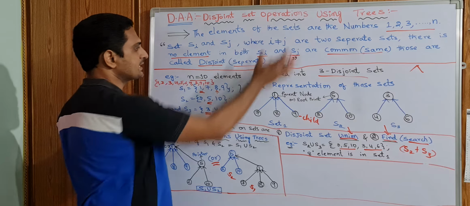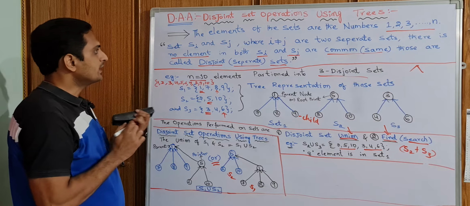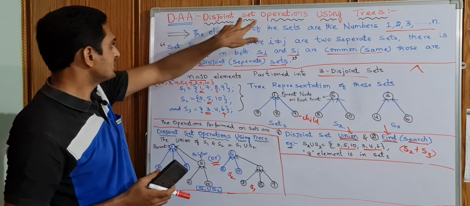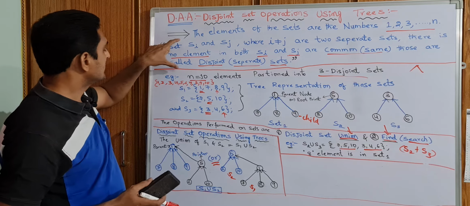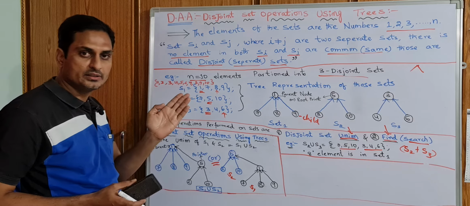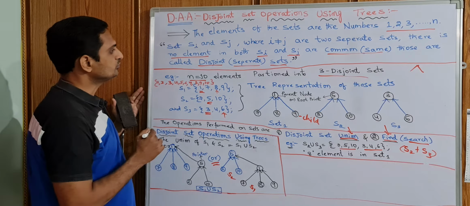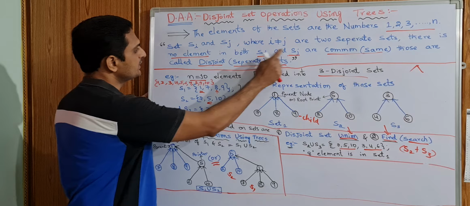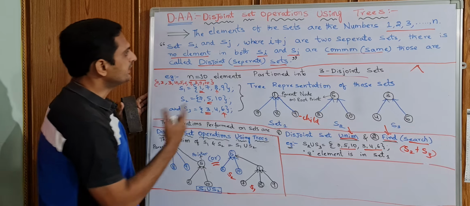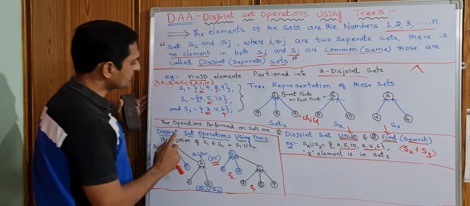So this is the question's explanation. Repeating: disjoint set operations using trees. What is a disjoint set? Nothing but separate sets; the set 1 elements should not be in set 2. Here a generic example is given for the definition. Then what are the operations performed on sets?